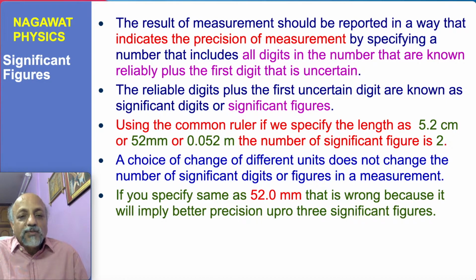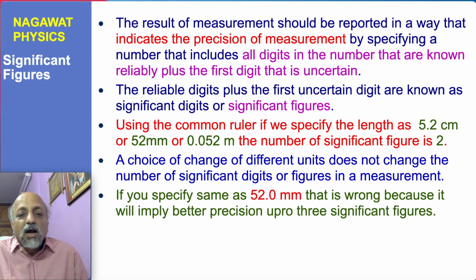For example, using a common ruler, if we have measured that the length is 5.2 centimeter, you can also say the length is 52 millimeter, or you can say 0.052 meter. All three are correct, but the number of significant figures is 2 in all these examples. Whether you write 5.2 centimeter, 52 millimeter or 0.052 meter, we get the same number of significant figures, which is 2.